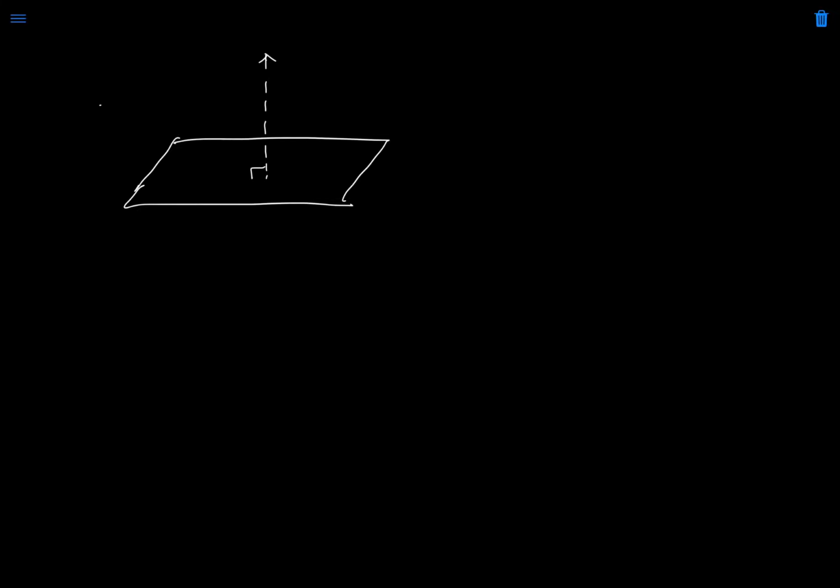So let me draw again the electric field lines. As you can see, let's identify again the angle phi. The angle phi again is the angle between the electric field and the normal line. As you can see, the electric field and the normal line form 90 degrees, or they are perpendicular to each other. So the angle phi will be 90 degrees.